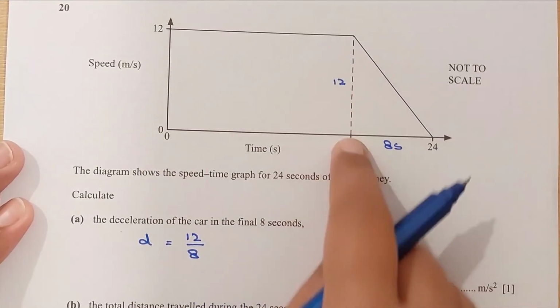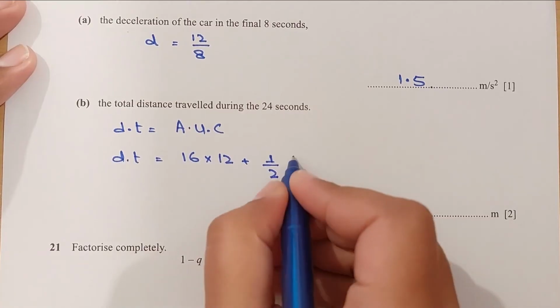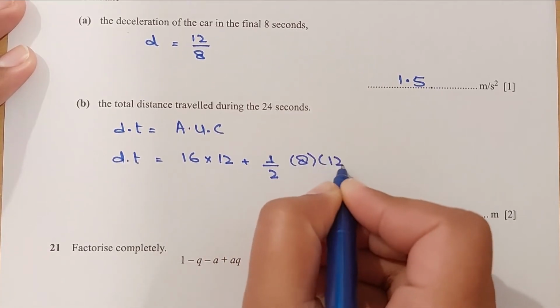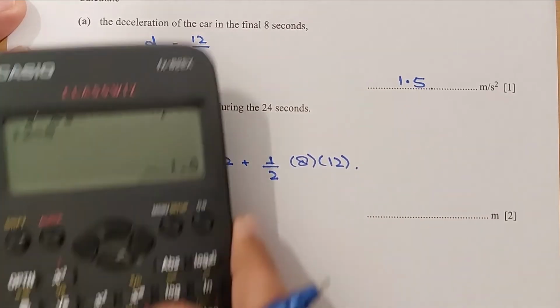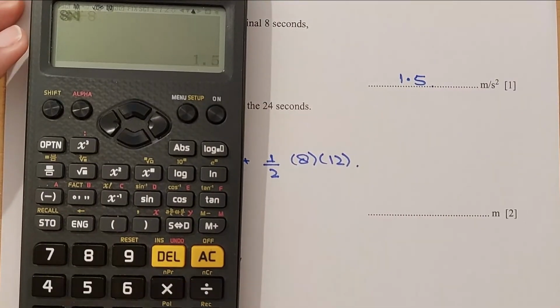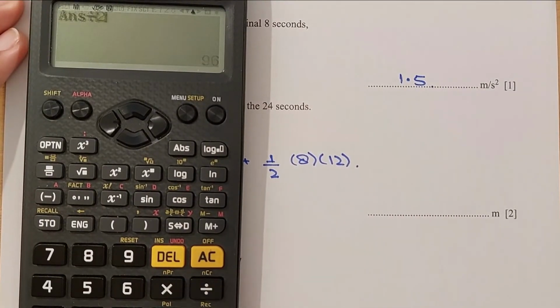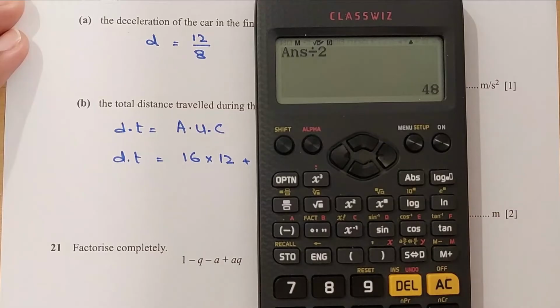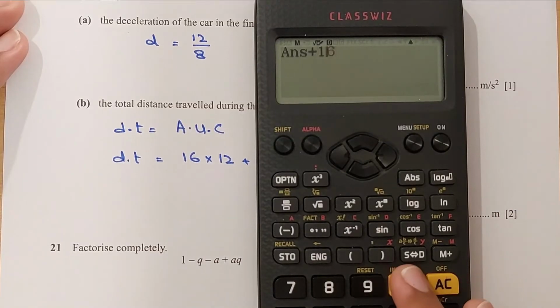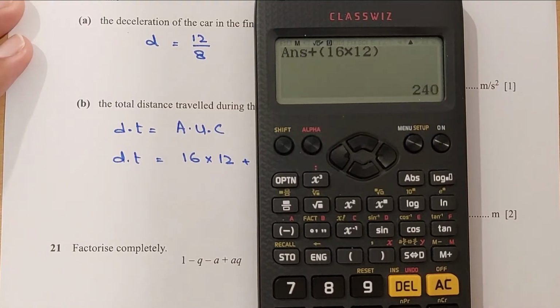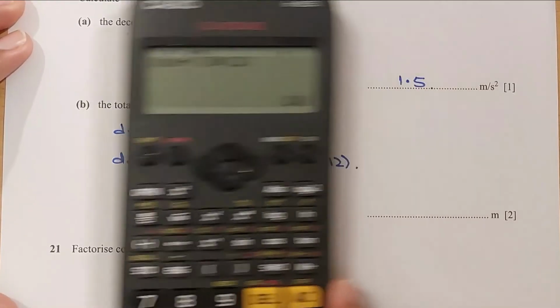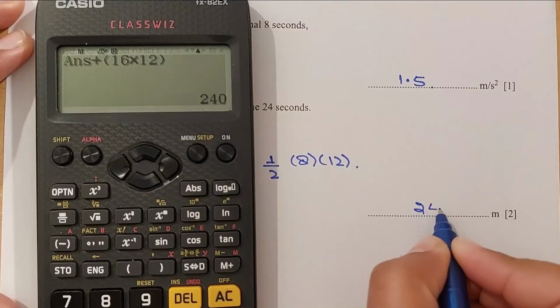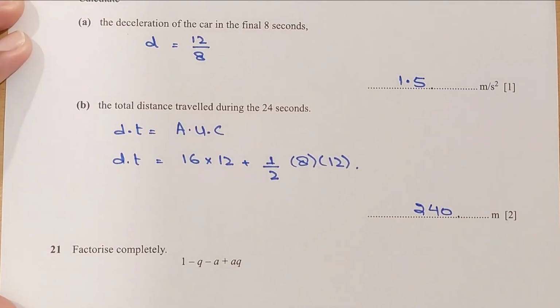The base is 8 and the height is 12. 8 times 12 divided by 2 is 48, plus 16 times 12. This is 240 meters, the distance traveled.